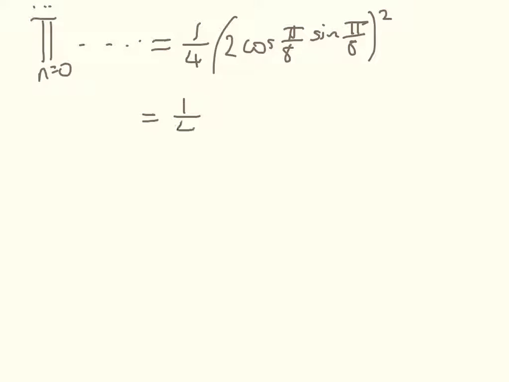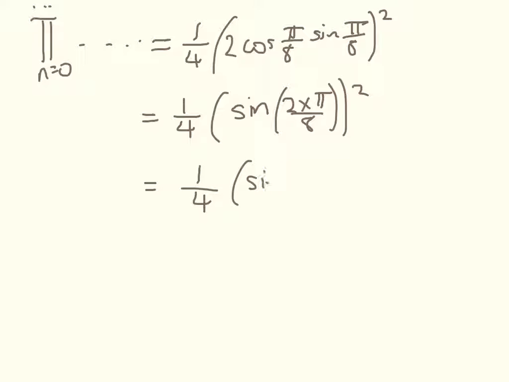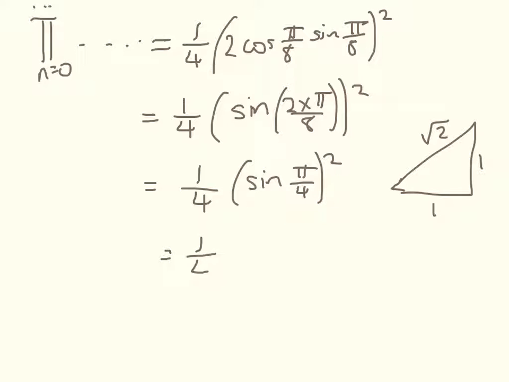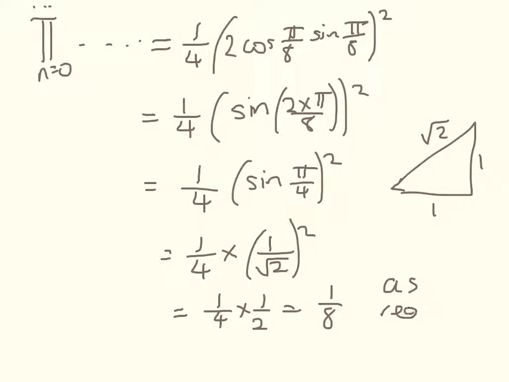Now that's equal to 1/4 of sine of 2 theta, 2 pi on 8 squared, which is 1/4 of sine pi on 4 squared. But we know what that is because we are all over our special triangles. So we have 1/4 times 1 over root 2 squared, which is equal to 1/4 times a half, which is equal to 1/8, as required.